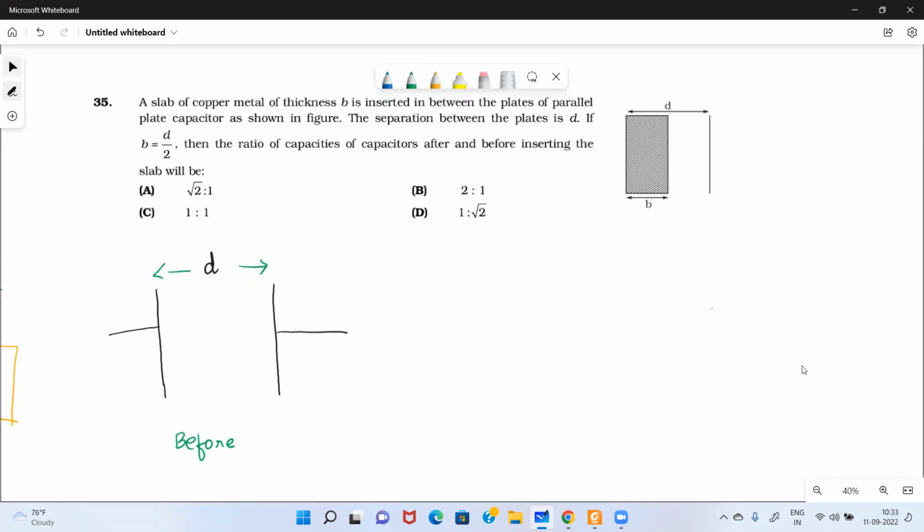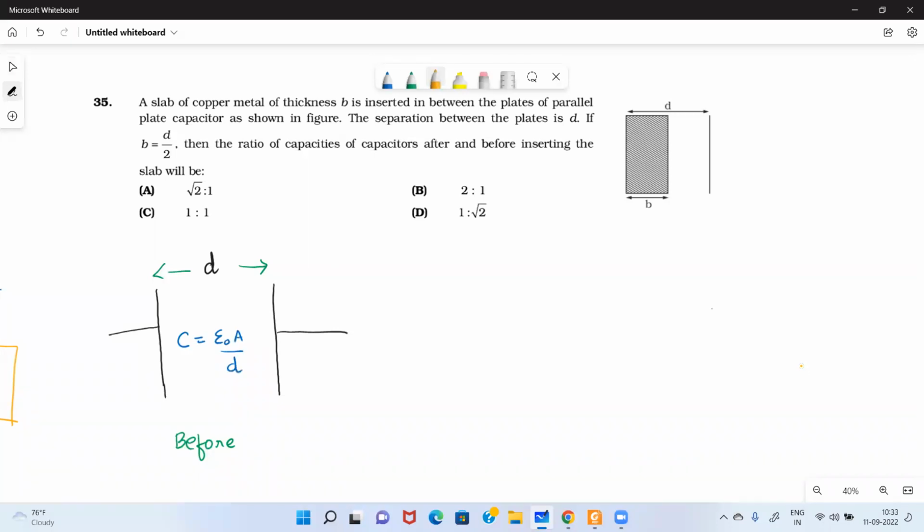What is the expression for capacitance of the parallel plate capacitor? C is equal to epsilon naught A divided by D. Am I right? Yes. Now this is what happens before inserting the dielectric. Not dielectric, this time it is a metal.